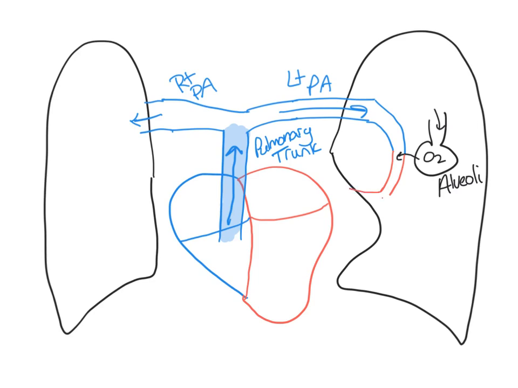And then we see that we have two blood vessels that return to the left side of the heart. And these blood vessels now are called the pulmonary veins. And they're red, but they're called veins because they're bringing blood back to the heart.